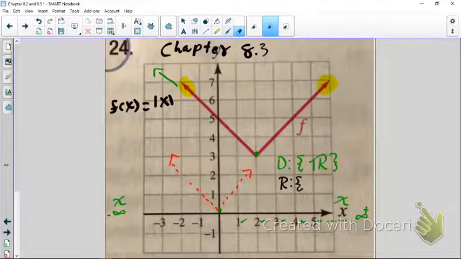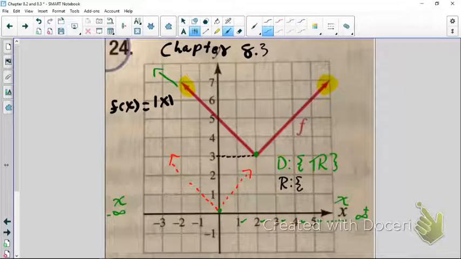And we said that we can create interval notation if we wanted to, or we can actually write it out. The actual answer to this is the set of all real numbers greater than or equal to positive 3. The lowest number that we have here, if you look at it, is 3 on the y-axis. So I know that that's the lowest point that I'm going to use.